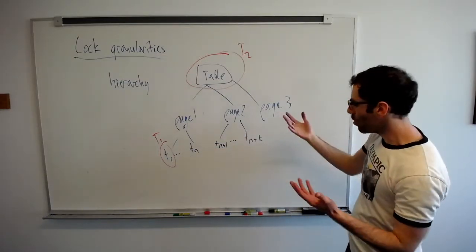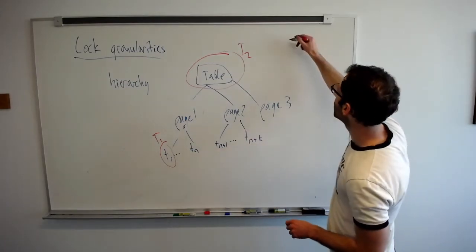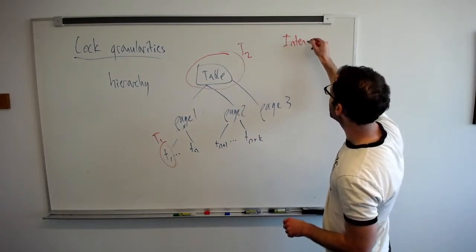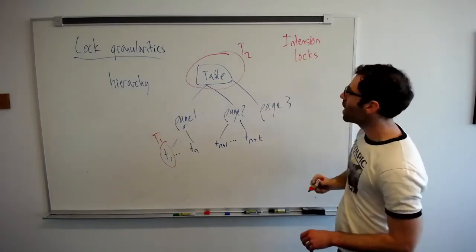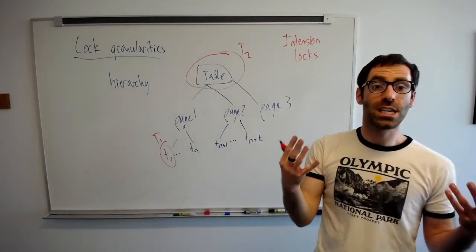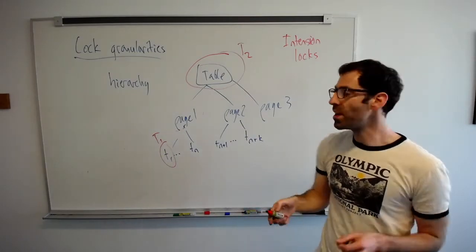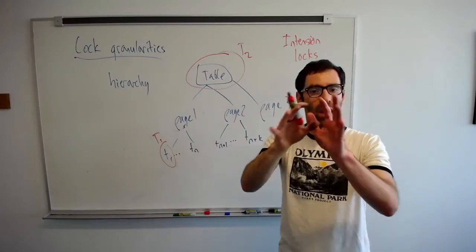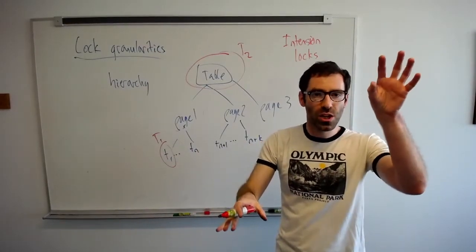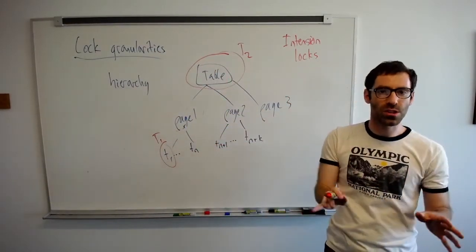So what we'll do is have something called intention locks, which are basically signposts that a transaction will leave that say, somewhere below this object in this hierarchy, I am doing some locking.